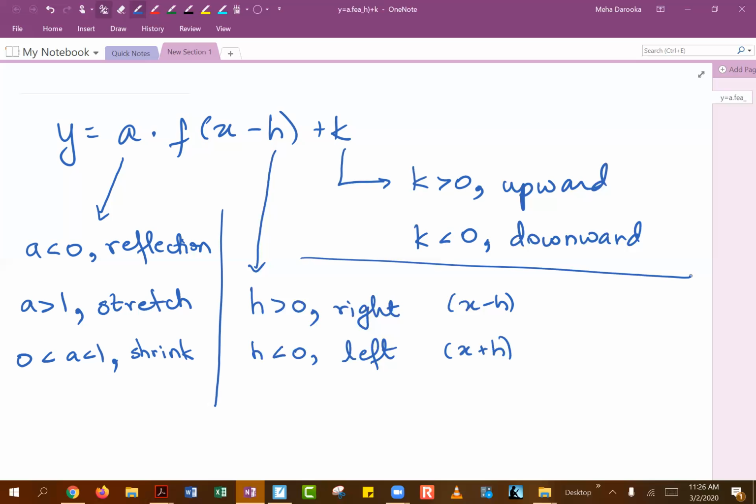These are basically all the different types of transformations we are going to be talking about. We started with vertical translation, which was this upward and downward movement. Then we are going to be looking at horizontal translation, moving your graph left and right. And then we'll get into reflection and then stretching and shrinking.